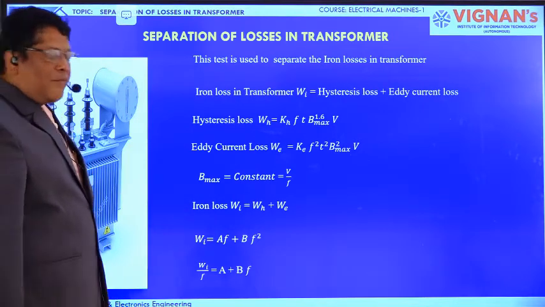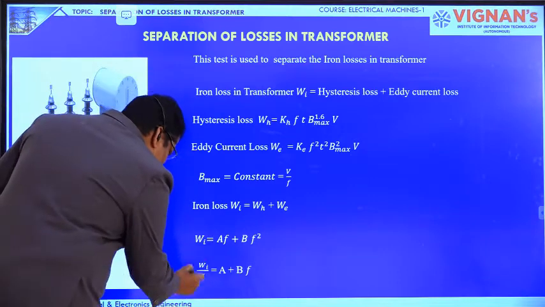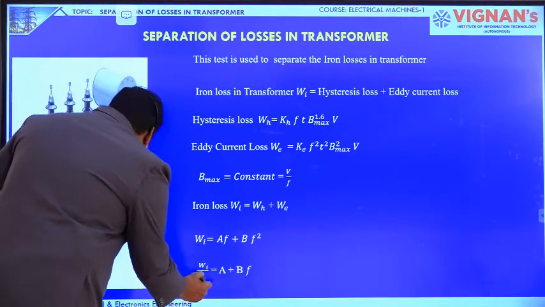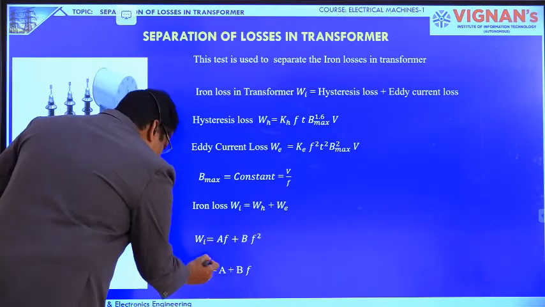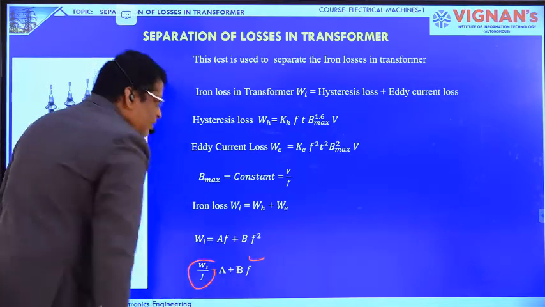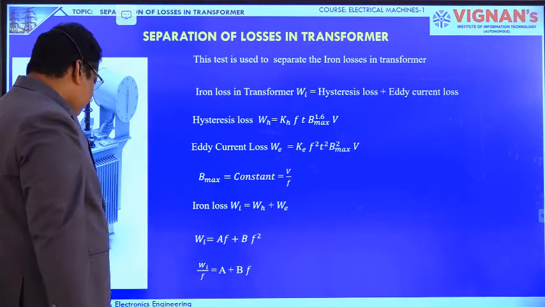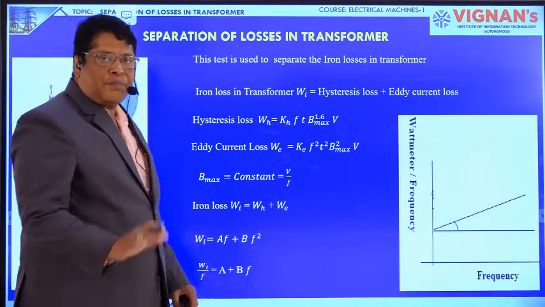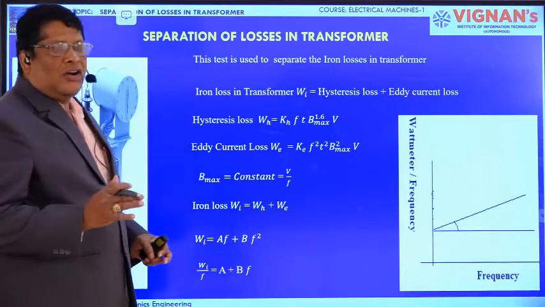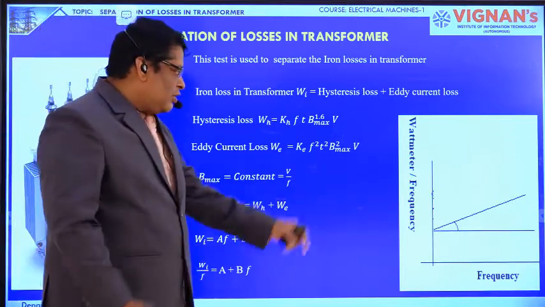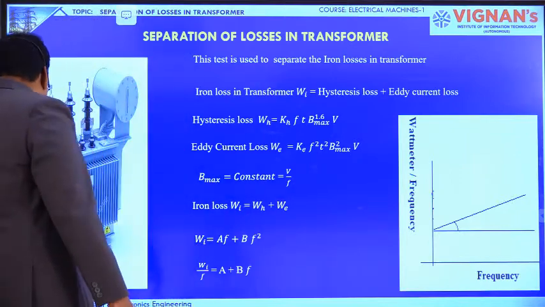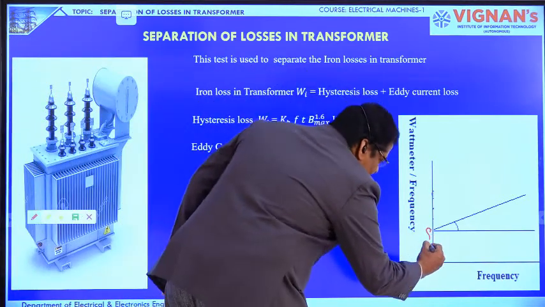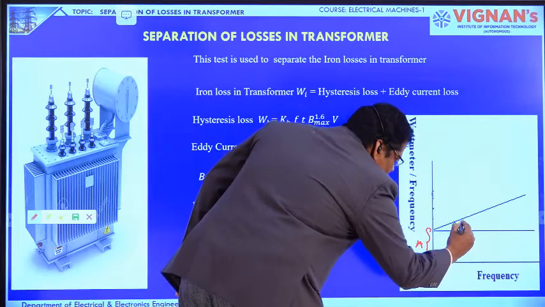Now if you draw a graph between this quantity and the frequency, we get this graph. If you plot a graph between the iron losses per frequency and the frequency, see here in this graph, this value is nothing but A. This is theta.